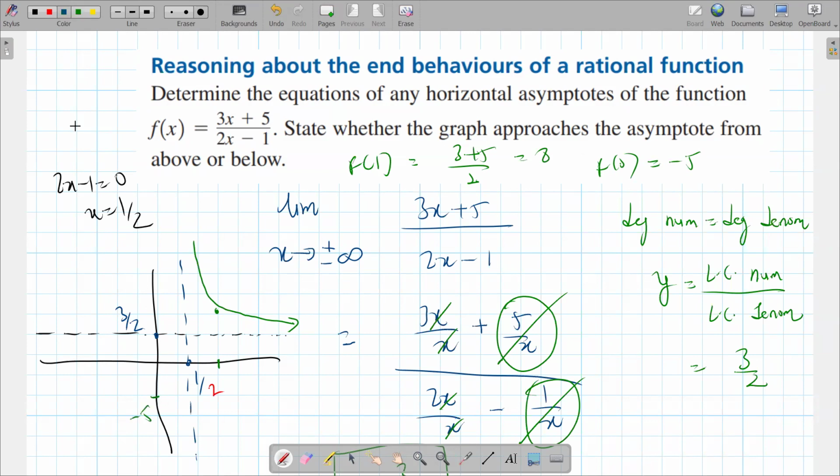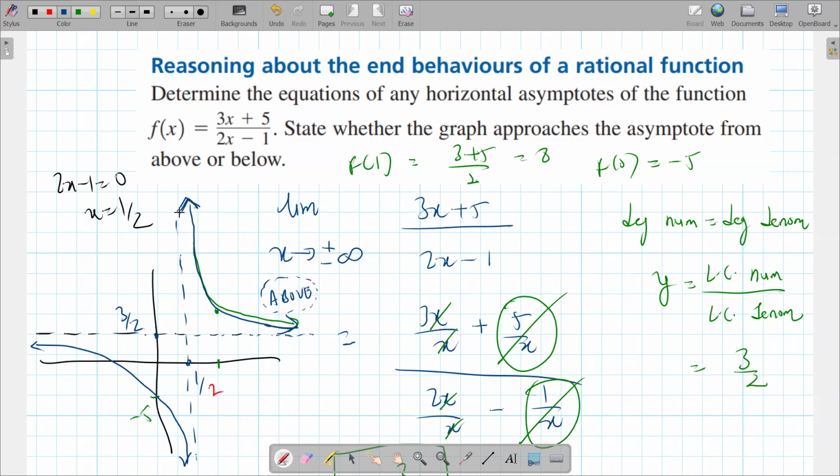So the only way this sketch will work is if we come from down here, go that way, and if we come from up here and go this way, because it has to respect the asymptotes. So to the right of the vertical asymptote, it approaches the horizontal asymptote from above.